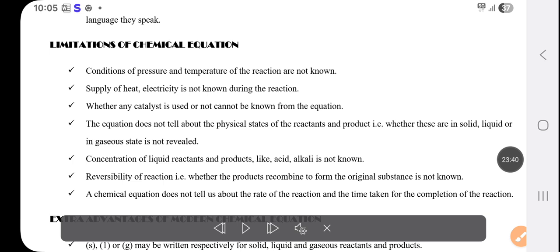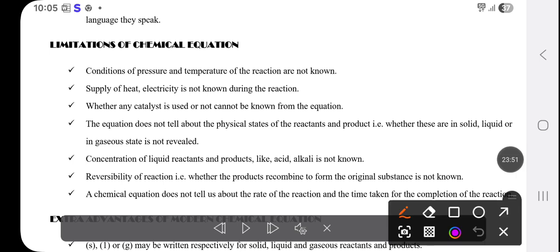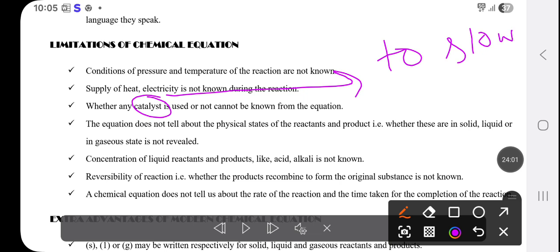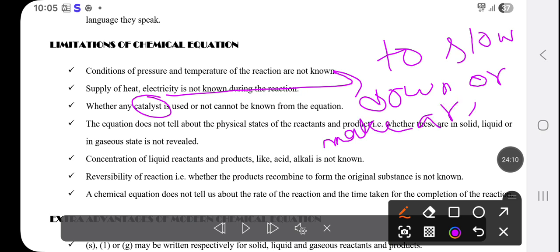A catalyst. Do you know the meaning of catalyst? Let us know. A catalyst is something that helps to make a reaction fast, or to slow down a reaction.